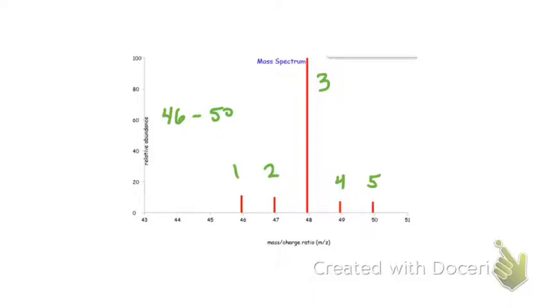But I'm looking for the average mass. Now I can estimate it without doing calculations. I know in my head that my mass has to be between 46 and 50, but because I have so much abundance for isotope 48, I know that my average mass is going to be very close to 48. And I asked you to calculate the average atomic mass from this data.